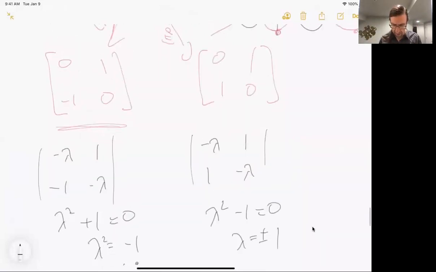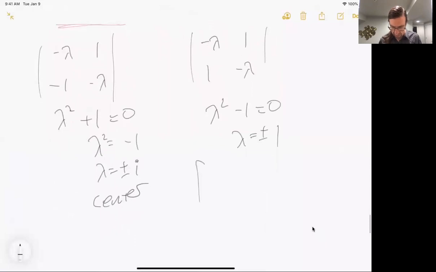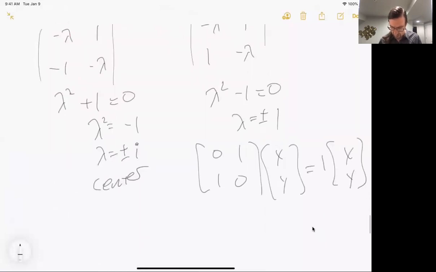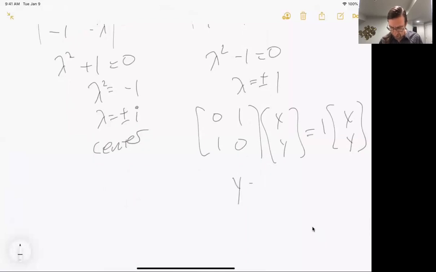Let's get the eigenvectors. So we have [0, 1; 1, 0] times (x, y) equals 1 times (x, y). That gives us y equals x and x equals y. So that gives us an eigenvector of (1, 1) for λ equals 1.